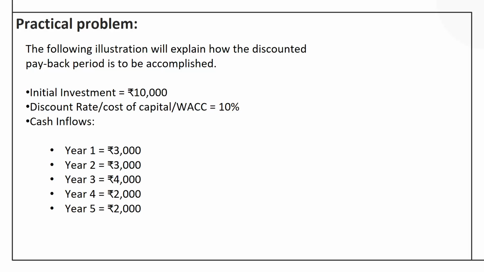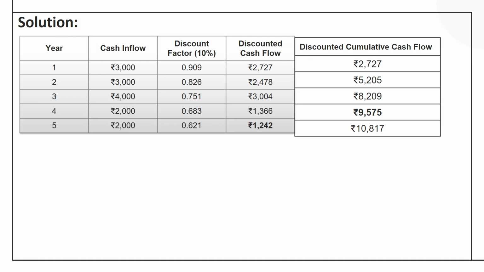Now, instead of just preparing a cumulative cash flow table taking the absolute value of the cash flow generated in all 5 years, it is converted to its present value. Here is how this is done. In the table, column 1 shows the year in which the cash flow is generated, the second column represents the cash flow from the project, and the third column gives us the PV factor at 10%, where 0.909, 0.826 come from.